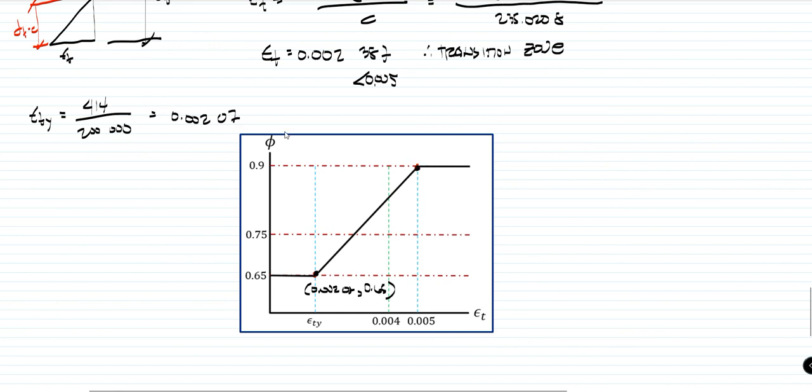And this point corresponds to 0.005 and 0.9 on the y-axis.